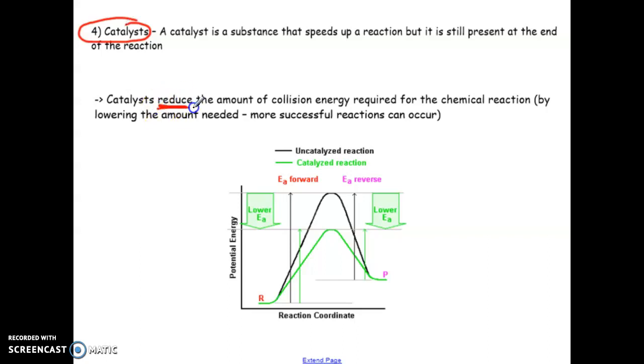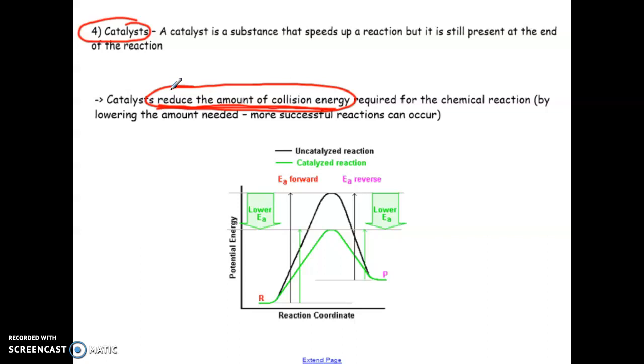It reduces the amount of energy that is needed for that chemical reaction. If you remember, there were two things that had to happen. You had to have your particles colliding, and you had to have enough energy. So what a catalyst does is lower the energy requirements.